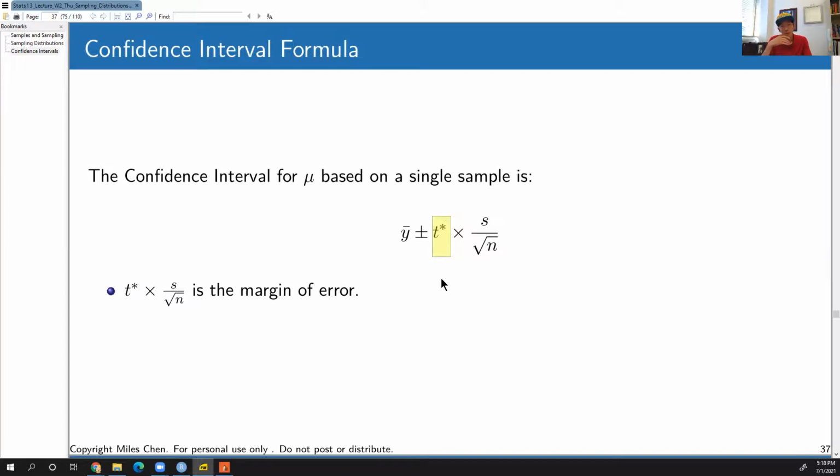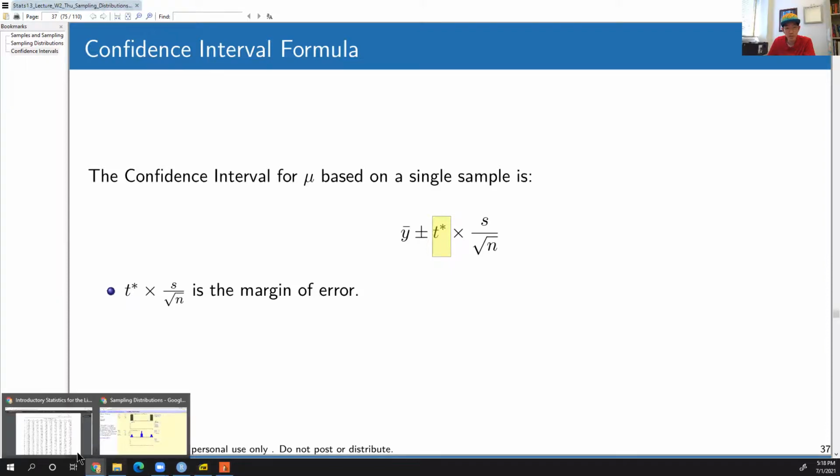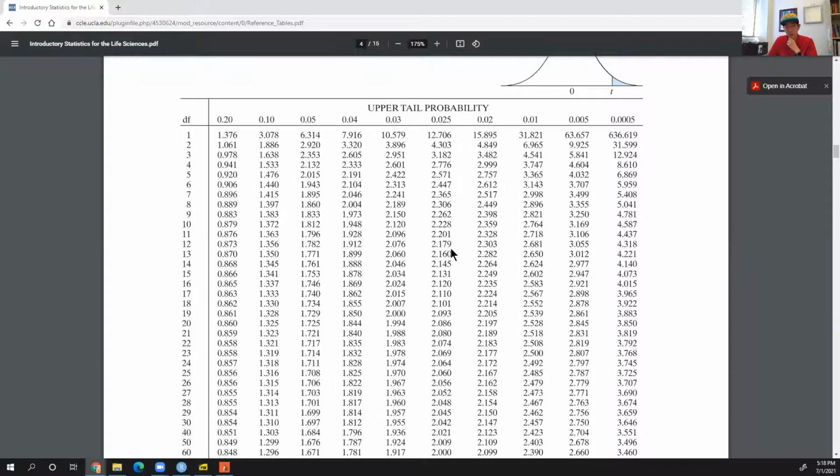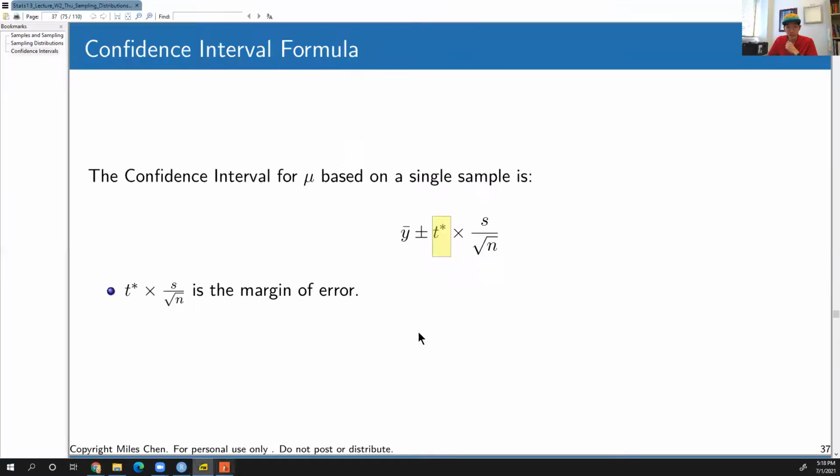Not exactly 1.96, some other number, and that number comes from the t table, this t star value, from some column here. We multiply that by s divided by the square root of n, the estimate of the standard error: the standard deviation of our sample divided by the square root of our sample size.